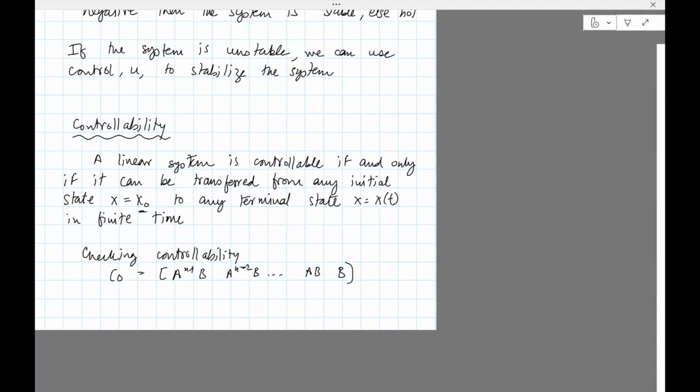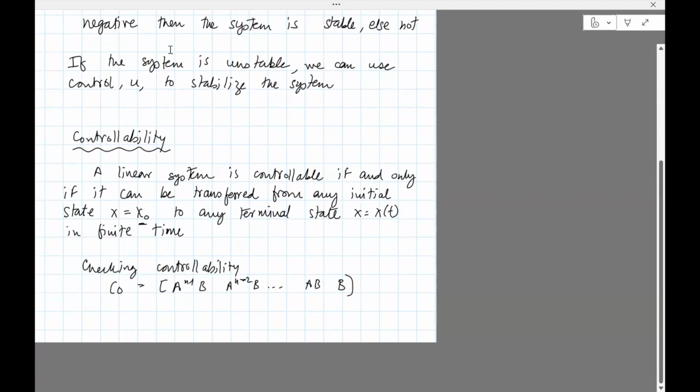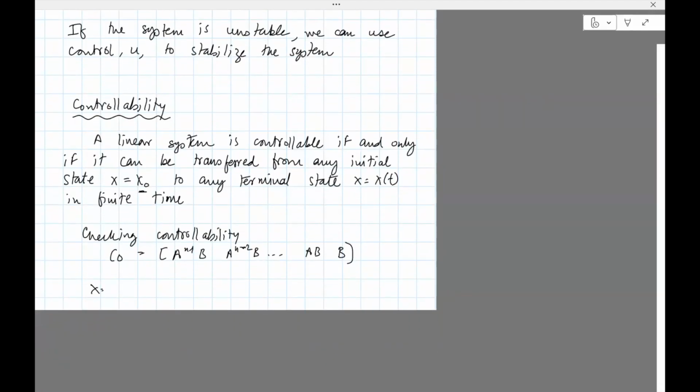Note that the system here is x dot equals Ax plus Bu, where A is n cross n, B is n cross m, x is n cross 1, and u is m cross 1.